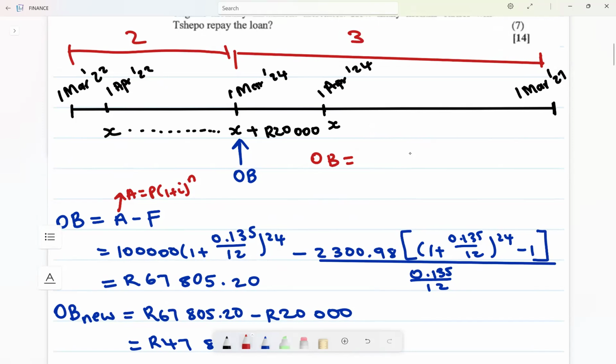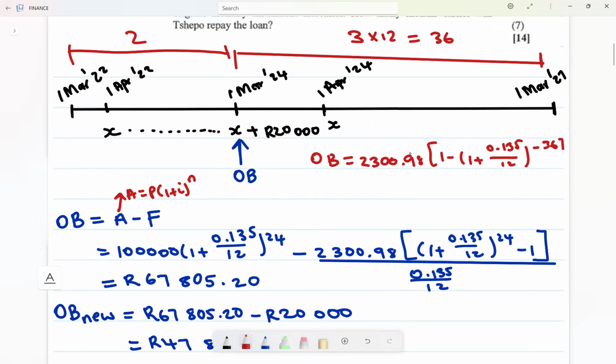For present value, it is going to be 22,300.98 times 1 minus 1 plus 0.135 divided by 12. How many months are still left to be paid? It is 3 years, multiplied by 12, which is 36.